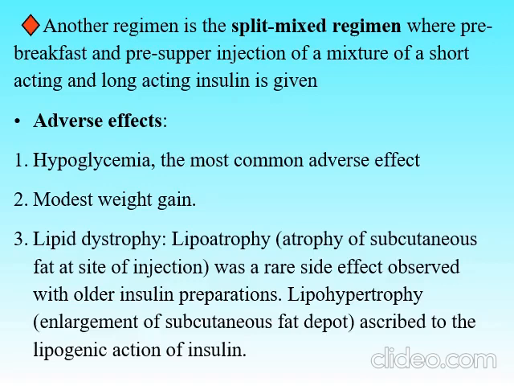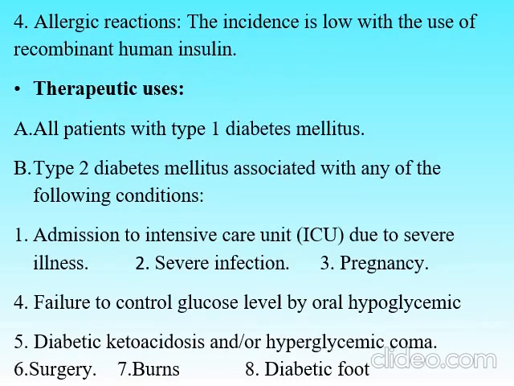Lipohypertrophy is enlargement of subcutaneous fat ascribed to the lipogenic action of insulin. Allergic reaction is the fourth adverse reaction. This side effect is less now, and the incidence is low with the use of human or recombinant human insulin.